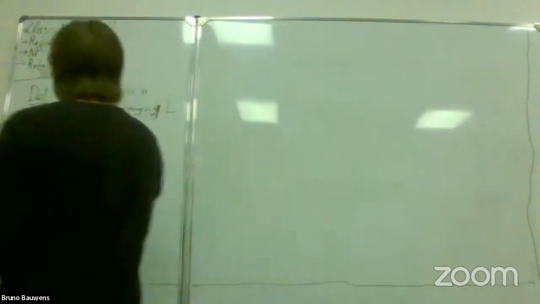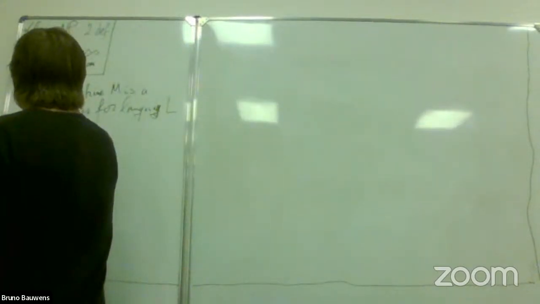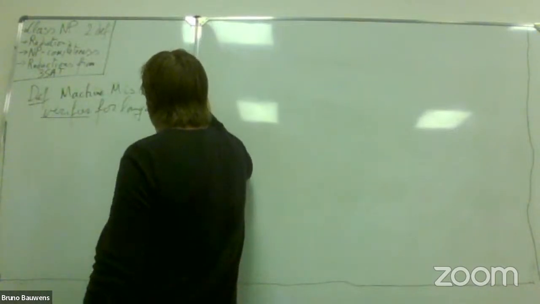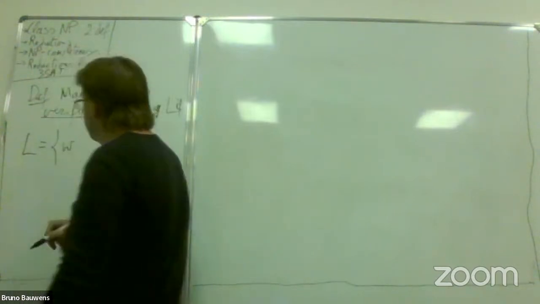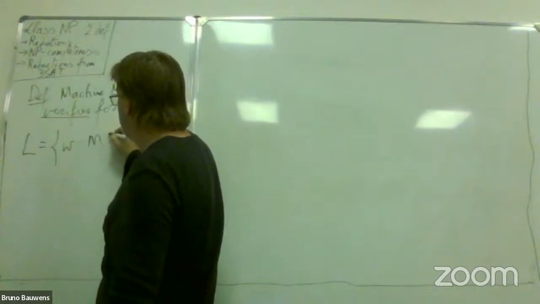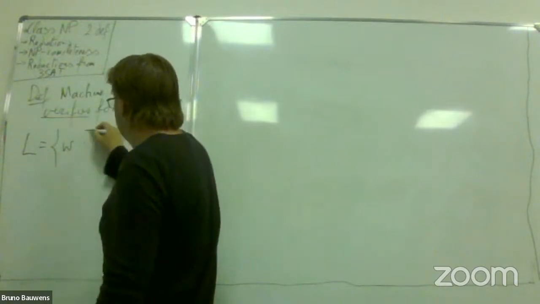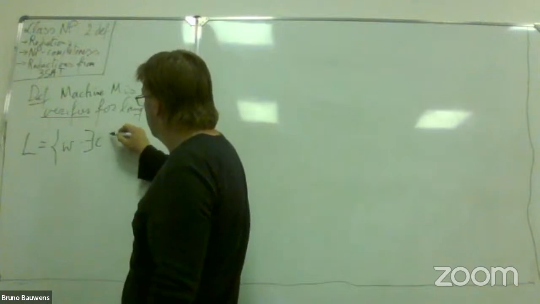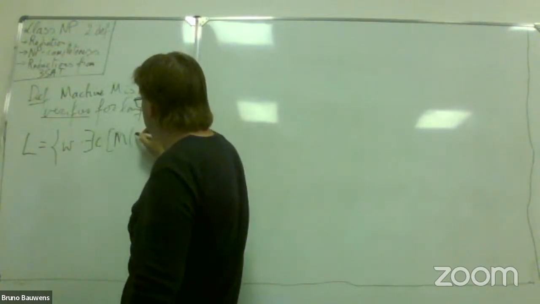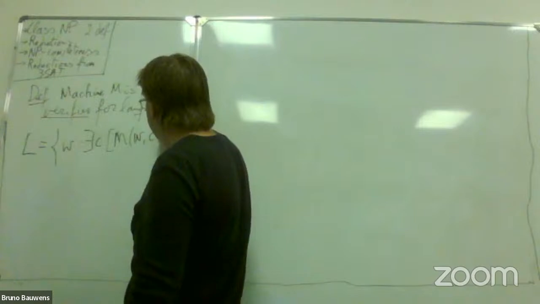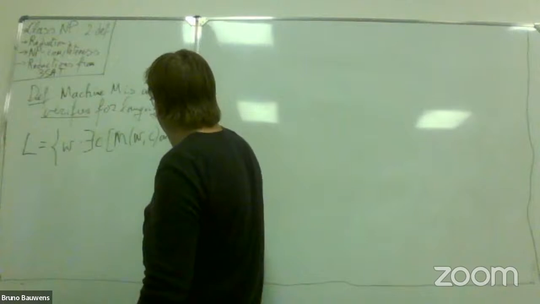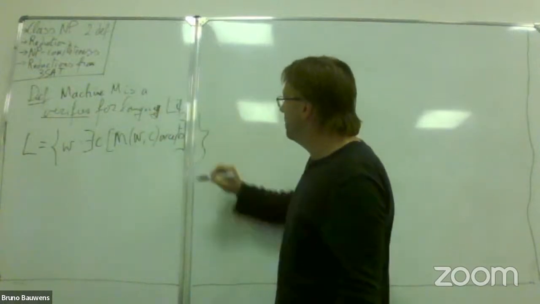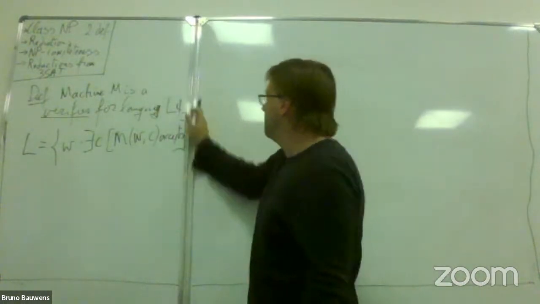So M is a verifier for the language L if L is equal to precisely those inputs for which there exists a certificate so that the machine accepts the certificate. Okay.